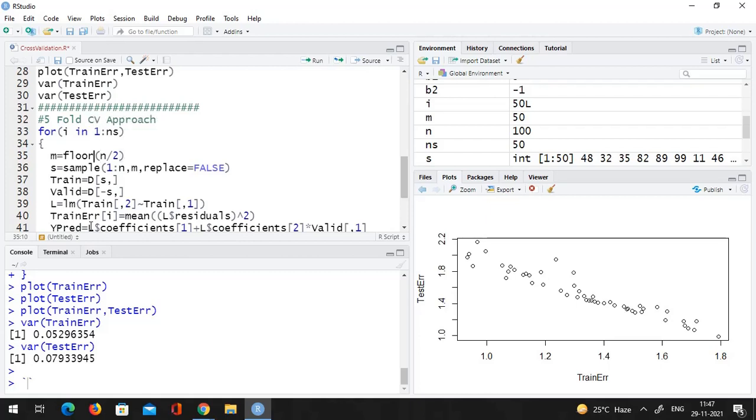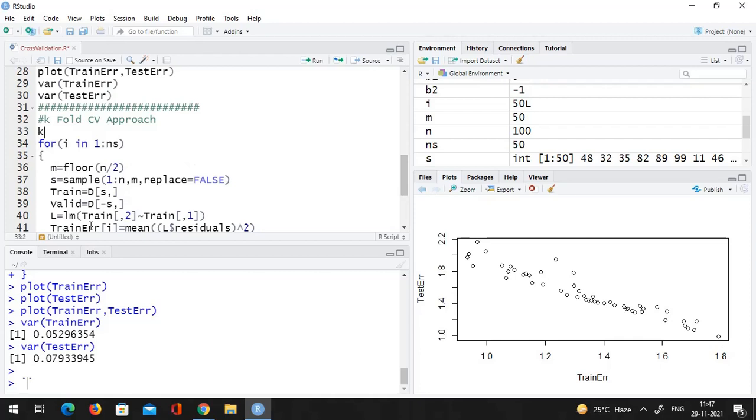So in fivefold cross validation, how do I construct my training set and test set? Let me write a code for k fold and then we'll run the same code by changing k. Right now k equal to 5. Here we will be extracting k sets of observations, each time without replacement.